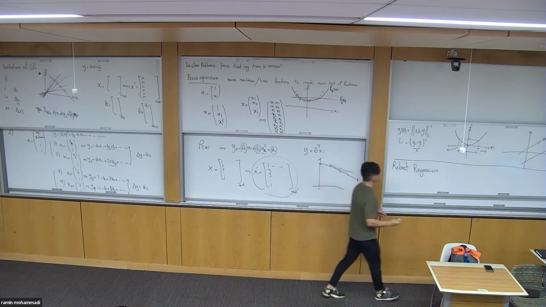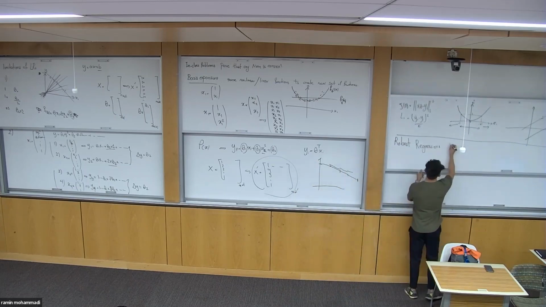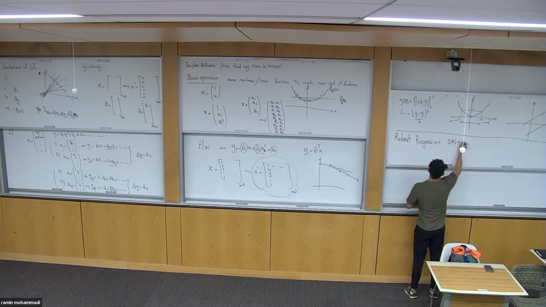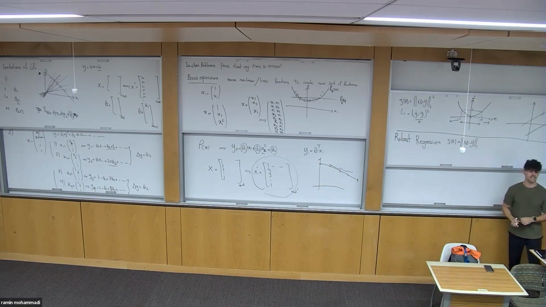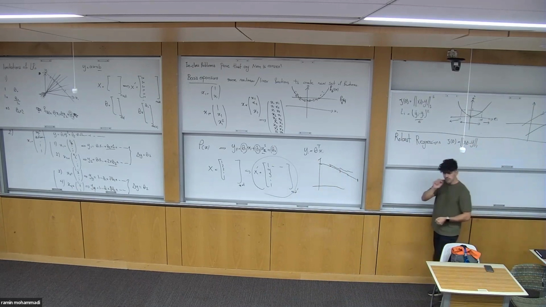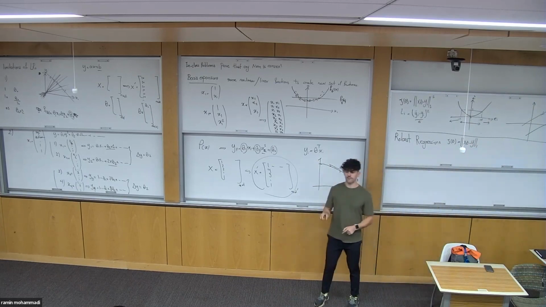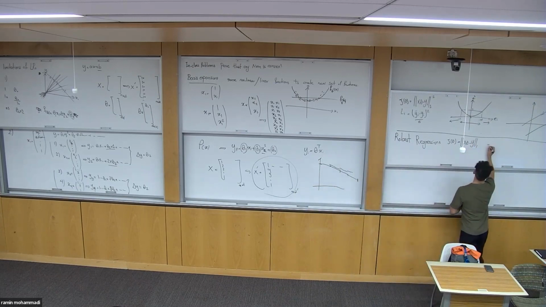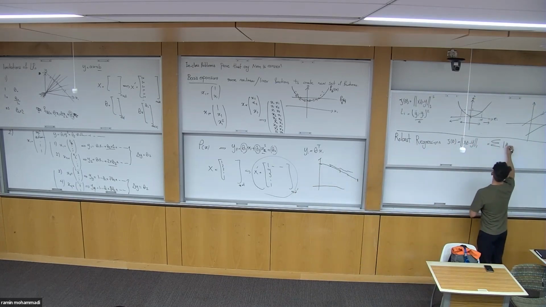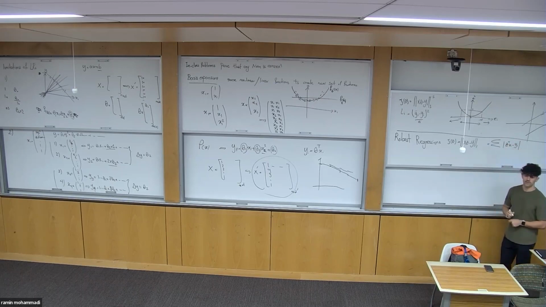Okay? So robust regression says that rather than this Euclidean norm, you use norm 1 as the cost function. What was the definition of norm 1? The summation of absolute values of elements, right? So that means this is the summation of the absolute value of theta transpose xi minus yi, or the absolute error.